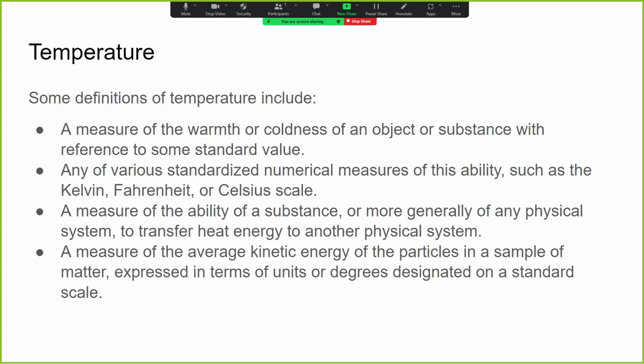And then the last one is a measure of the average kinetic energy of the particles in a sample of matter expressed in terms of units or degrees designated on a standard scale. So once again, we know that the average kinetic energy of particles in some kind of gas or matter, we can say is directly related to temperature. We've talked about that a few times at this point.